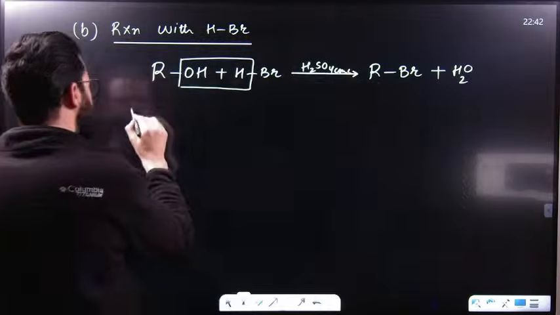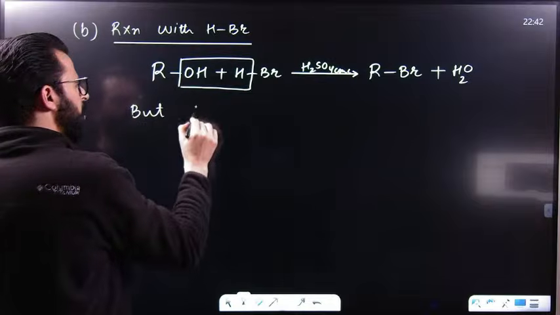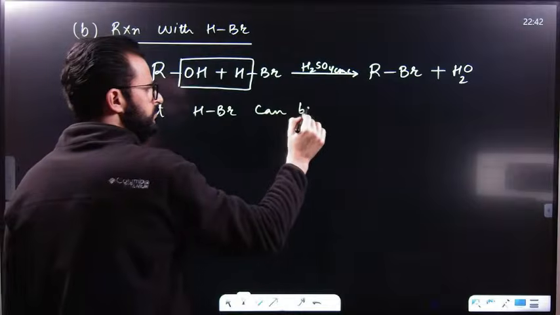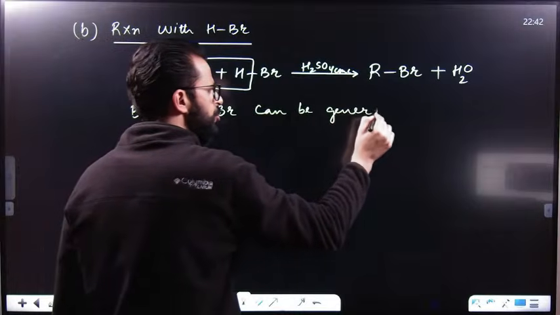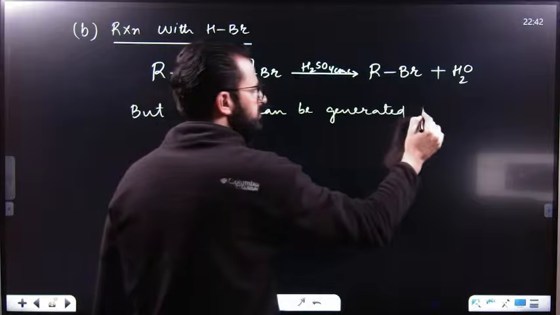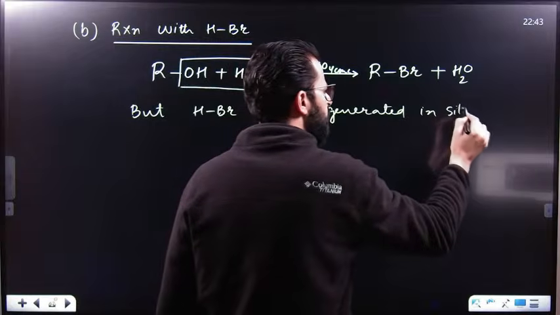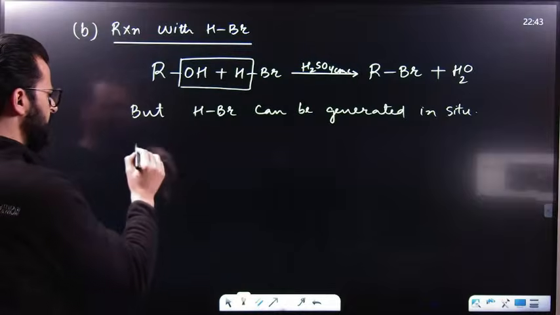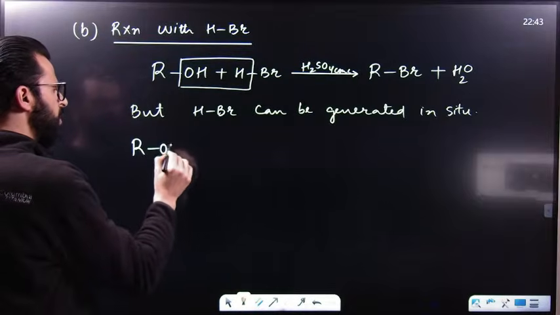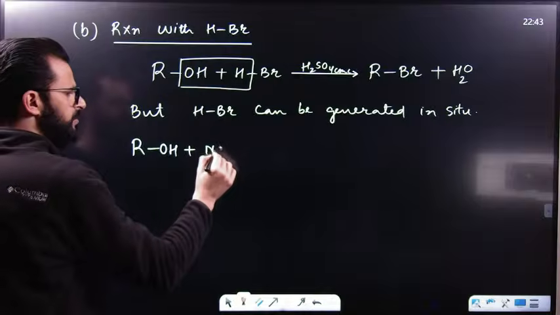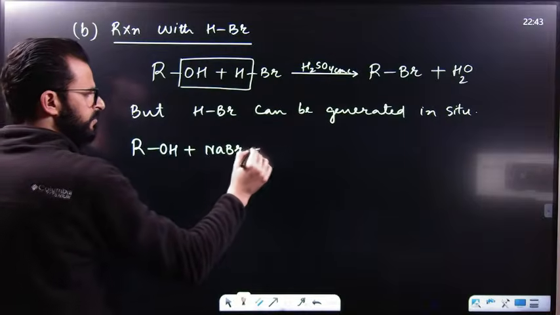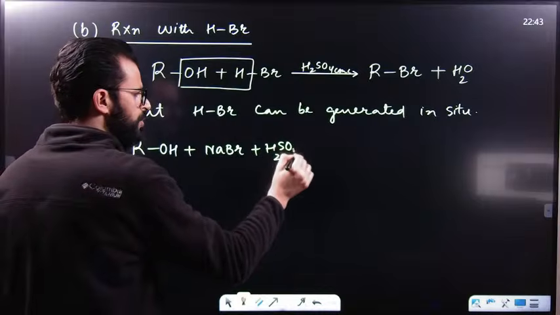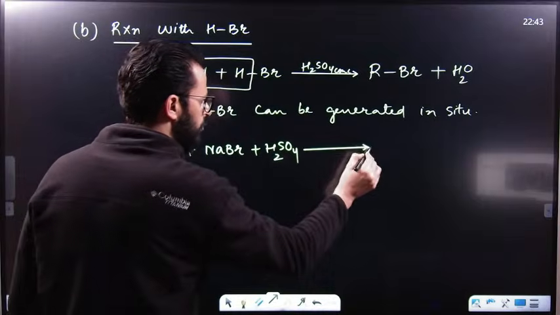But HBr can be generated in situ. That means it's not necessary that we add HBr to the alcohol. Sometimes HBr is generated within the reaction. For example, NaBr or KBr is there, and we add H2SO4. What will happen? Have a look.